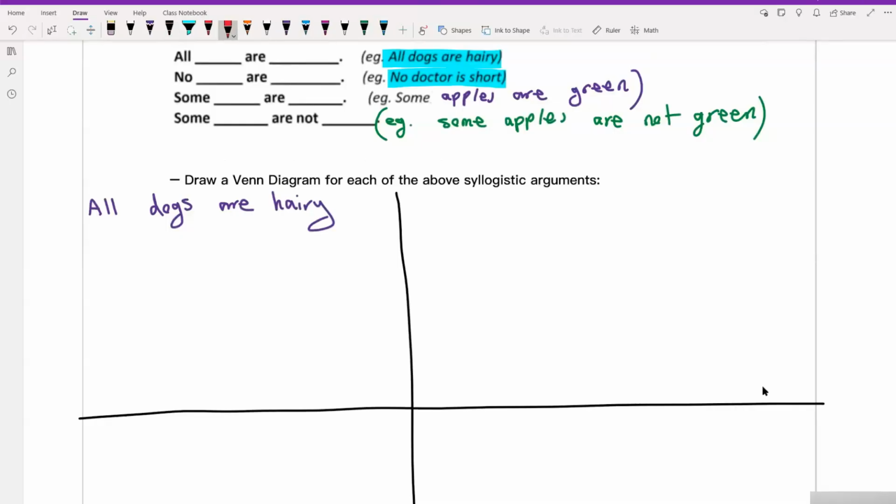Since we have "all," this means, for example, using one circle for dogs and the other one for hairy, I should have all members that I have inside this part for dogs inside the other circle, which is for hairy.